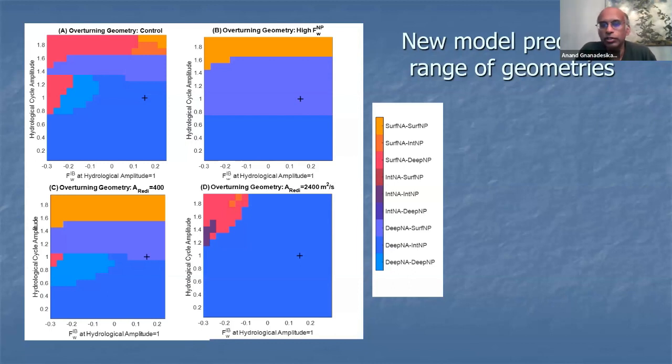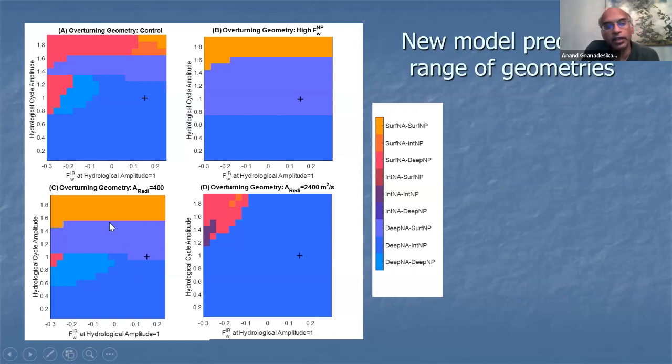In the current generation models, this varies between about 200 to 400 meters squared per second to 2,000 meters squared per second. It varies by an order of magnitude. And so one of the things we wanted to do here is see if we put this in the box model, which I can run many millions of times in the time it takes me to run a single GCM, what does it do?